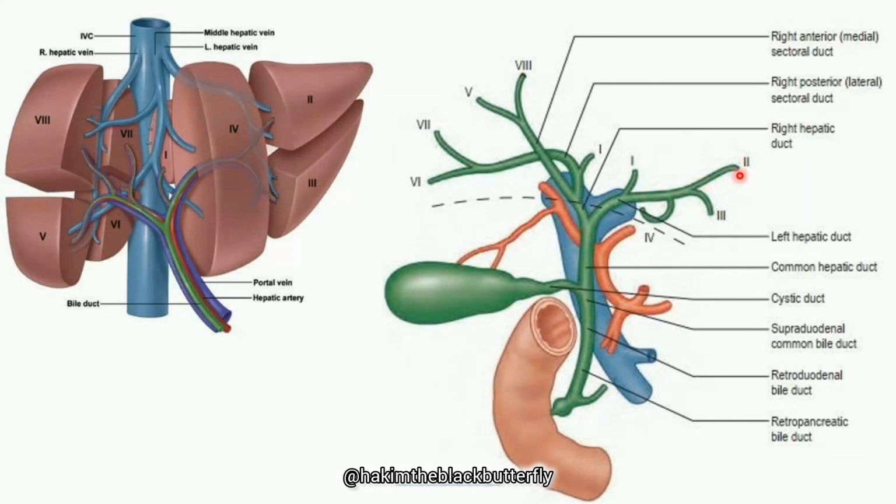Then on this other side we shall have a small duct from segment 2 and segment 3 joining to form the left hepatic duct, which will also receive bile from segment 4 and segment 1 to continue towards the hilum and fuse with its counterpart, the right hepatic, so that we can form the common hepatic duct, that one there.